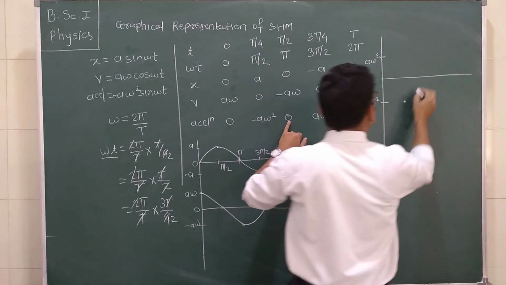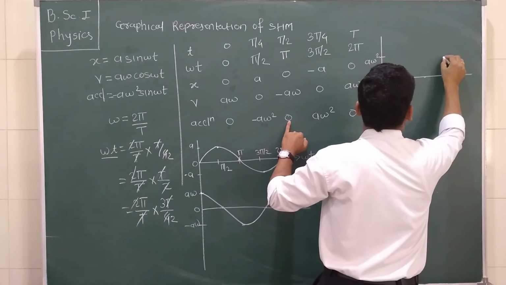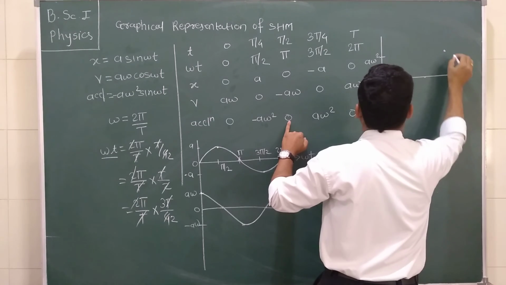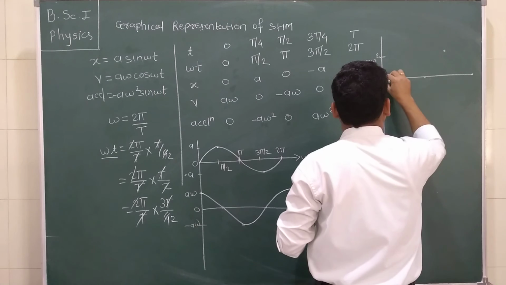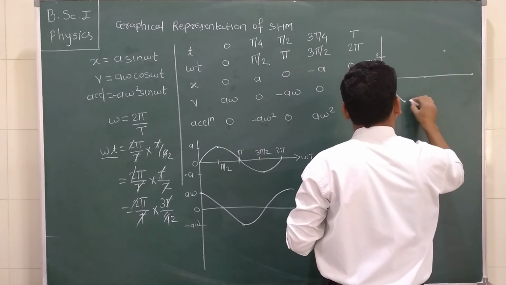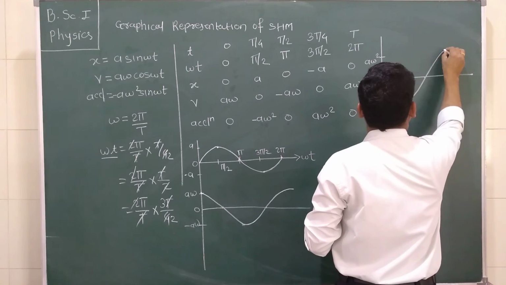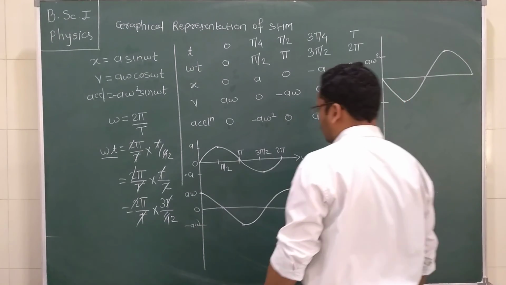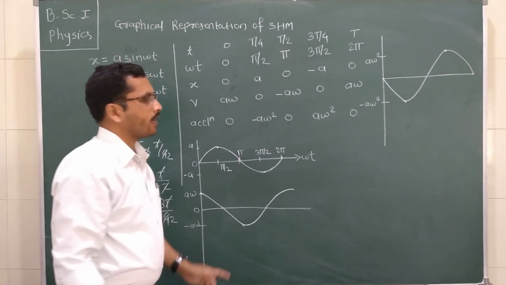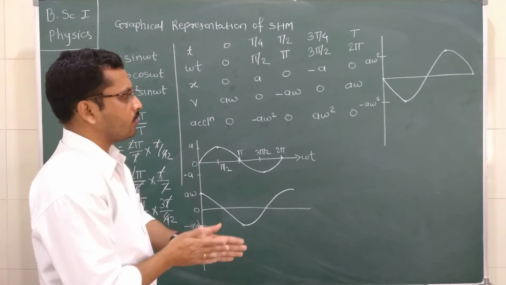Then it is equal to 0, so here 0. Then it is a omega square, so this is the point a omega square, and this again goes back to 0. So this is the graph for the acceleration of a particle performing simple harmonic motion.